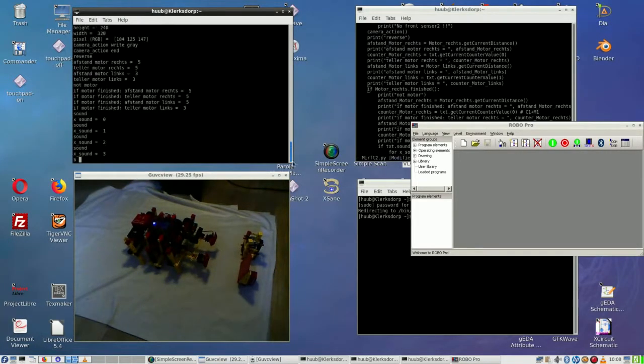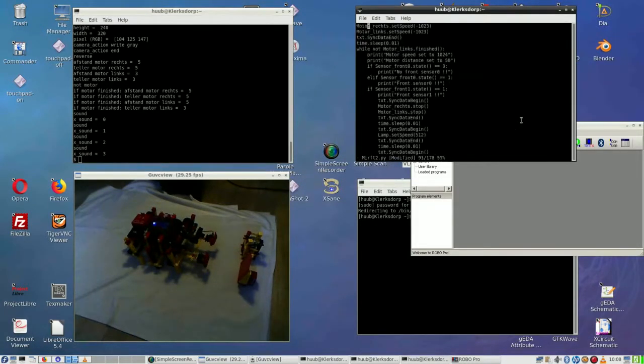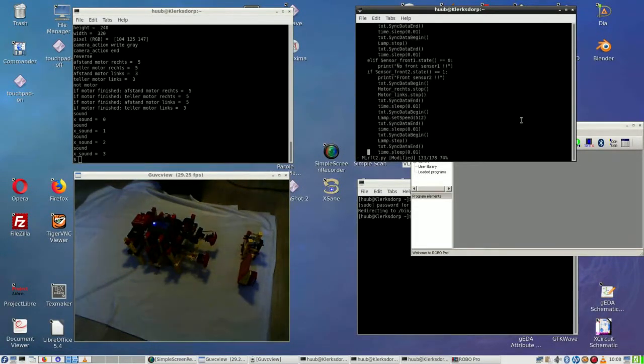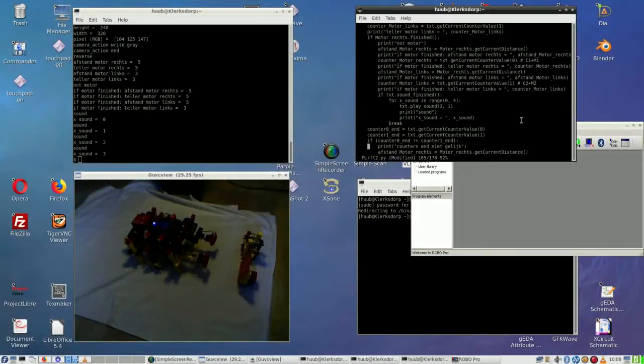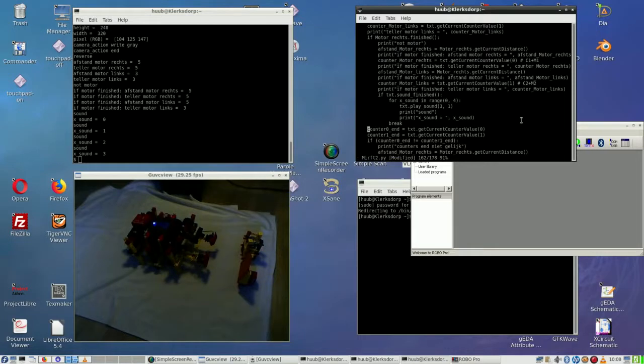So, wait a second, what was the original distance again? Oh yeah, 4,000. I changed that last time to 4,000. And if it is finished, and so on.